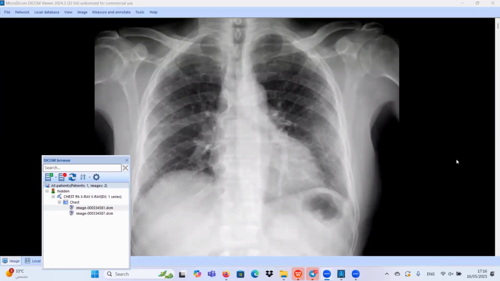And I just want to add something very important. Did you check the bones? About the bones, they are showing some degenerative changes in the bilateral humeral regions.